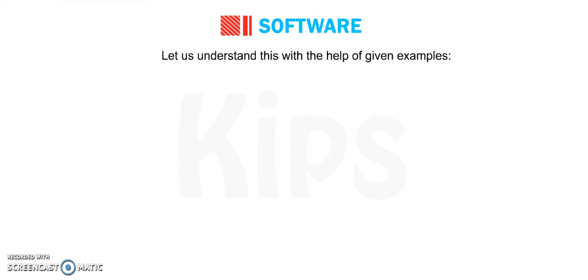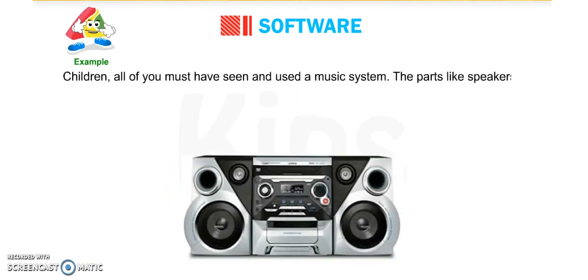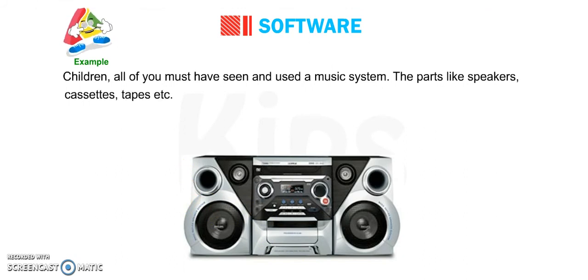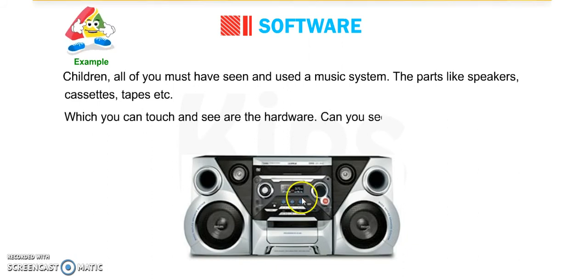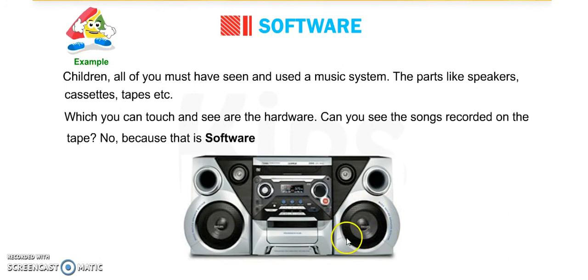Let us understand this with the help of examples. Children, all of you must have seen and used a music system. The parts like speaker, cassettes, tapes, etc., which you can touch and see, are the hardware. Can you see the songs recorded on the tape? No, because it's software.